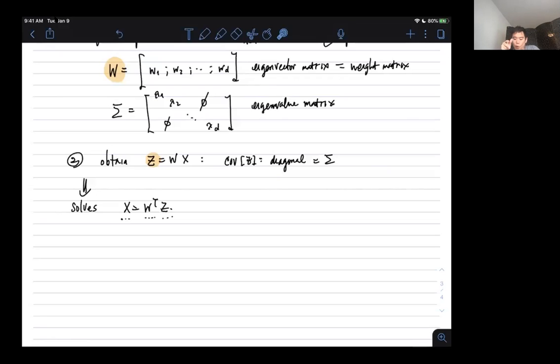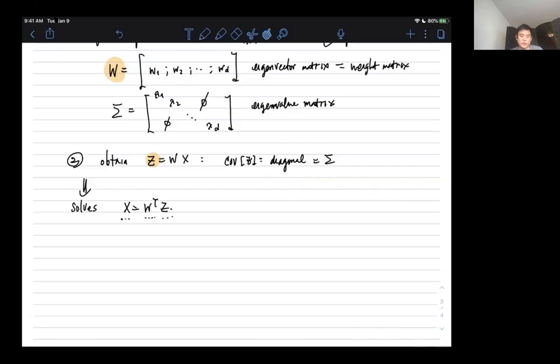What it means is that all we do in this particular case is to take the input and then rotate and scale it, so linearly transform this into a code vector. And then this linear transformation is done in a way that the covariance, or the scaled covariance, of this code vector, or the code random variable, is going to be diagonal.